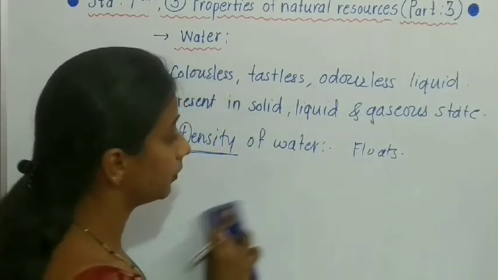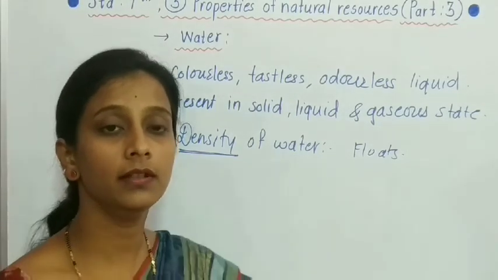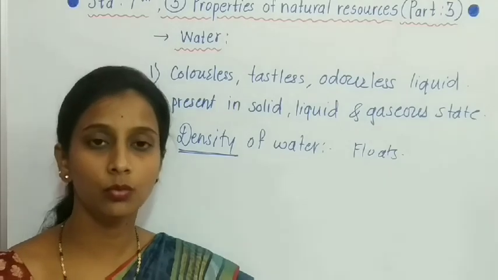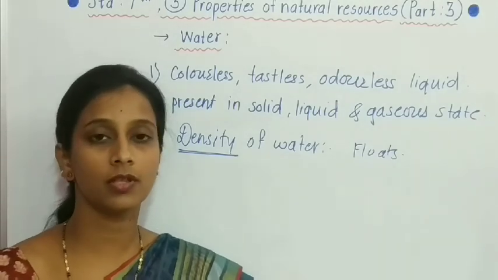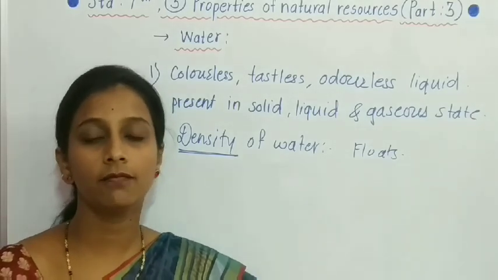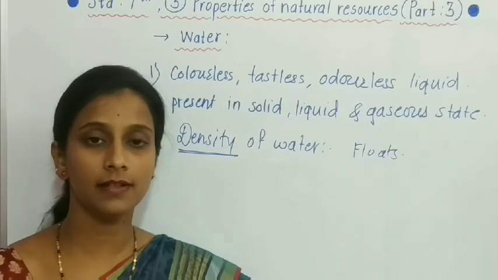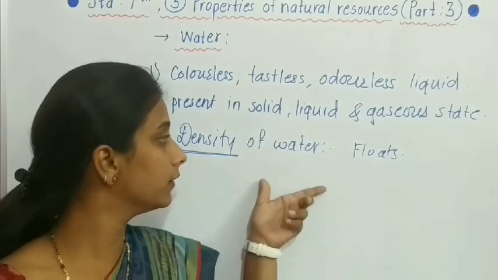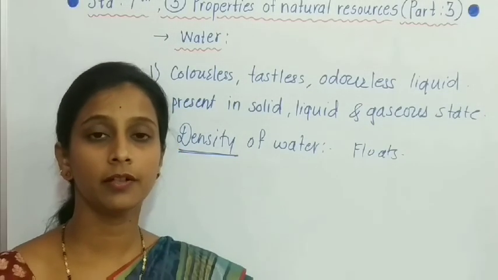The substances which have larger density than water sink into the water, whereas substances which have less density than water float on the water. So this is about density. Now the remaining properties of water we will see.